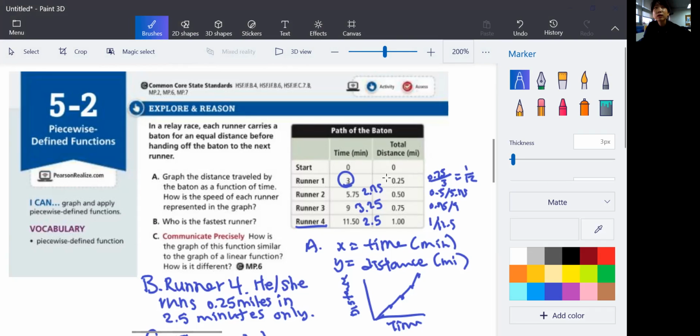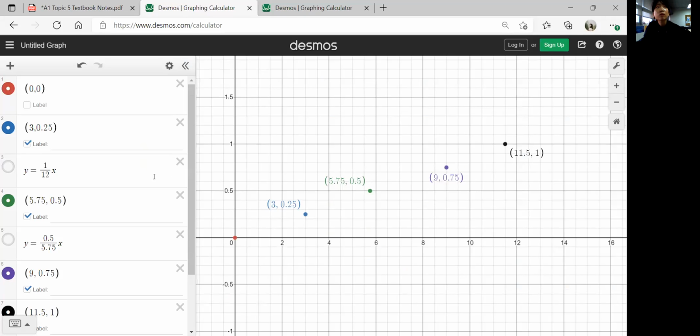So you're going to plot these as points. But if you connect the points, it's not going to be a straight line. Let's look at decimals. So these are the 4 points we have.